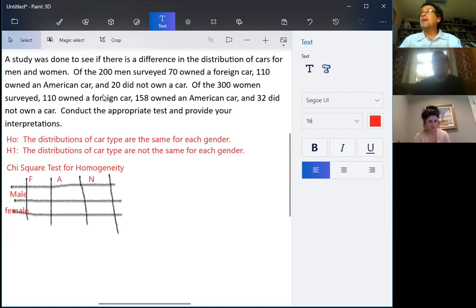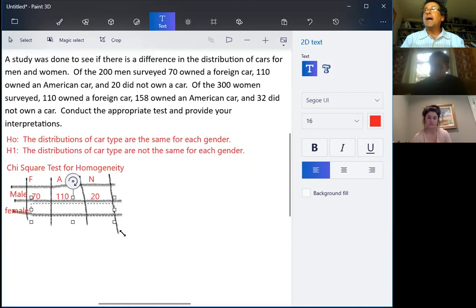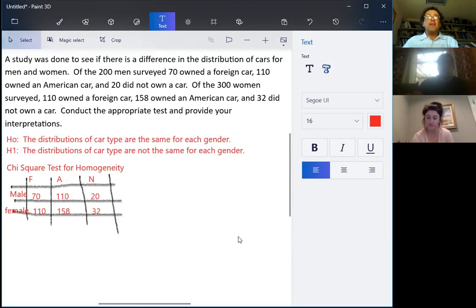We have 70, 110, and 20 for the males, and then for the females, we had 110, 158, and 32. Any questions so far?